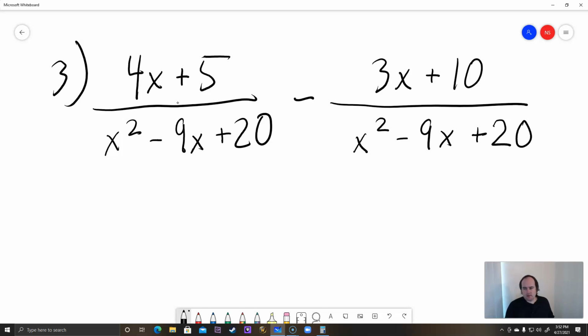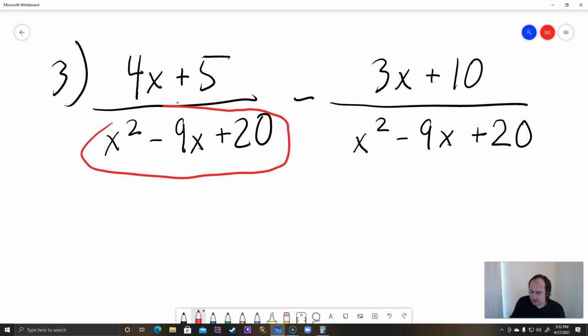So this one's harder because the denominators are larger. But you will notice that these two denominators actually are identical. So these are still like denominators, okay? These are like denominators, which means they're the same.